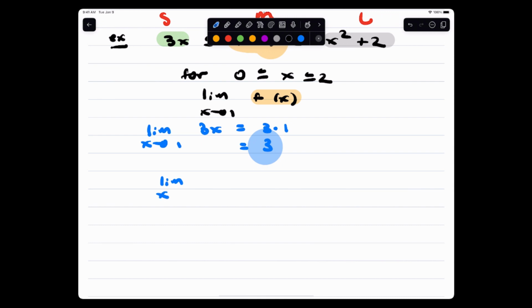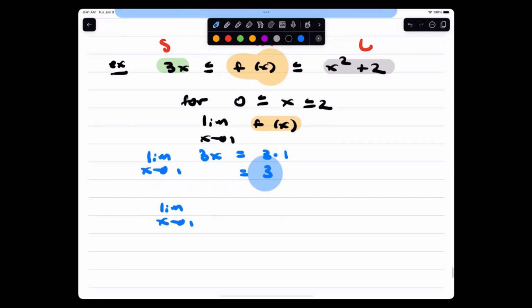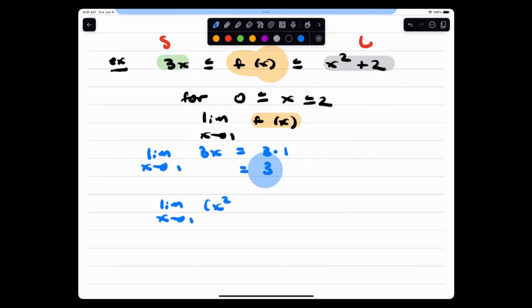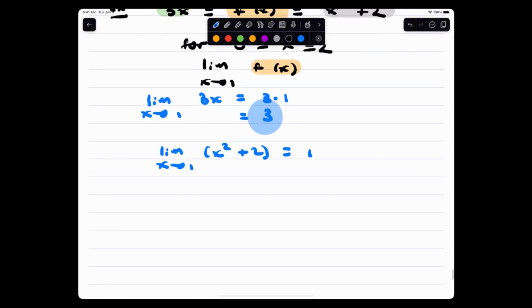Limit as x goes to 1 of x squared plus 2. A nice polynomial like before. It's continuous everywhere. It's continuous at 1. And I can do my arithmetic. What's 1 plus 2? 3. Look at that. It's a process that involved arithmetic.